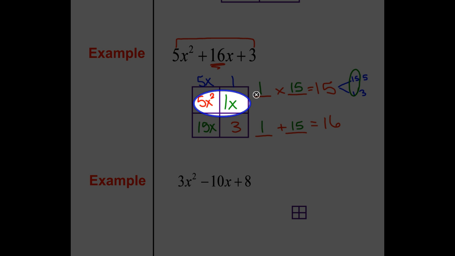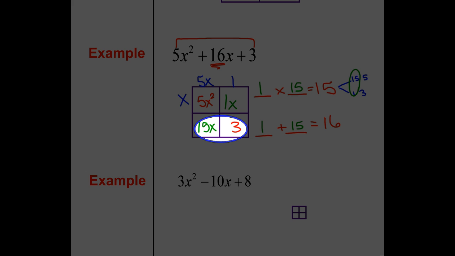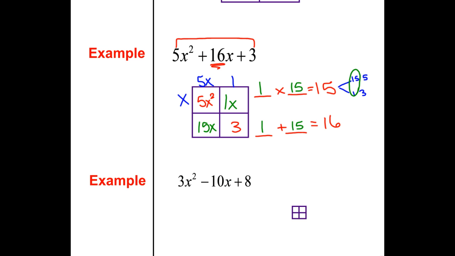Well, they each have an x in common, so I'm going to put an x down on the side. One more time, I'm going to do that last piece right there. 15x and 3, my greatest common factor there is 3. So now what I really factor this out to be is 5x plus 1 times x plus 3.